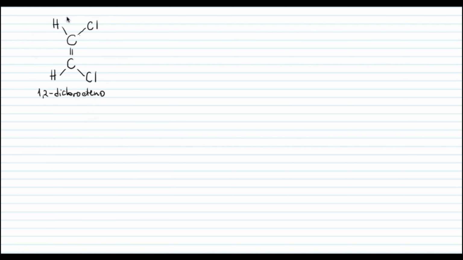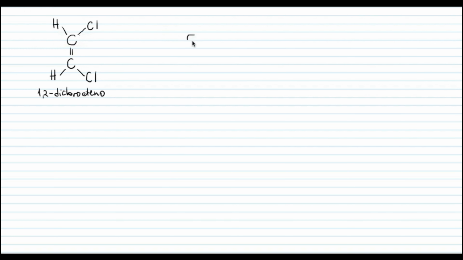How can we visualize if this compound has geometric isomers? We are going to focus on the double bond, and we are going to think that the substituents of the double bond can be connected like this as we have them represented, or connected in reverse.